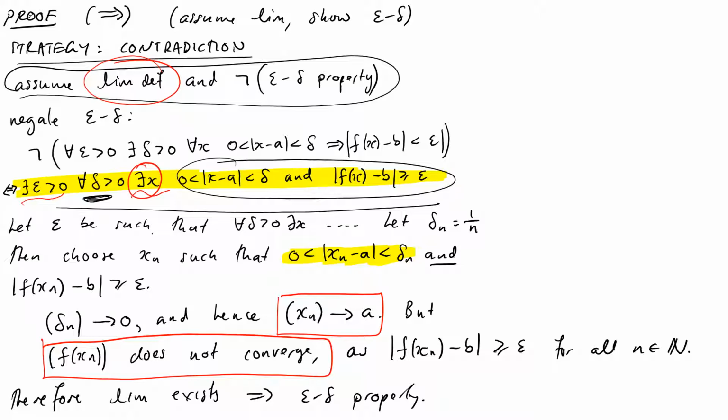If we're doing contradiction, then we assume A and not B. That's what we did at this step here. To figure out not B, we had to calculate the negation of the Epsilon-delta property. We expressed that in symbols to make the negation easier, and realized that, to negate it, we just had to flip all of the quantifiers and replace the implication with the A and not B thing again.